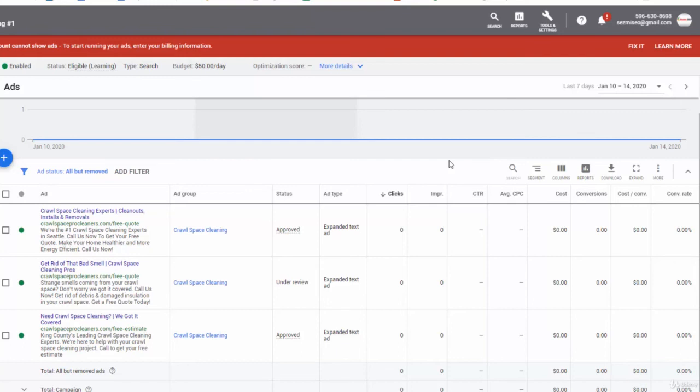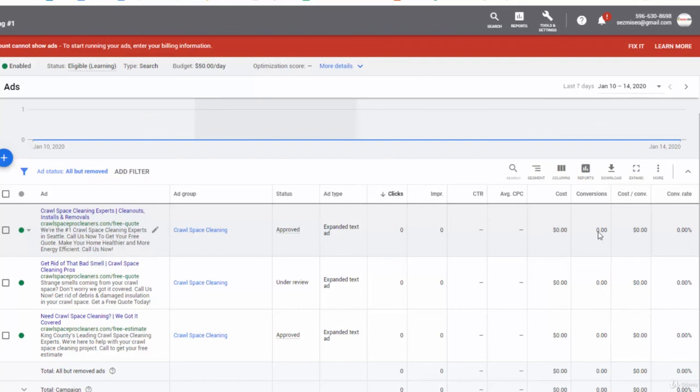The ads are connecting, they're resonating with that particular searcher. It's really talking to what they're looking for, right? And so once we get, let's say on this one here, a high click-through rate, then we want to look at the additional metric, cost per conversion. Let's say that, for example, on this one, we have a great click-through rate, okay?